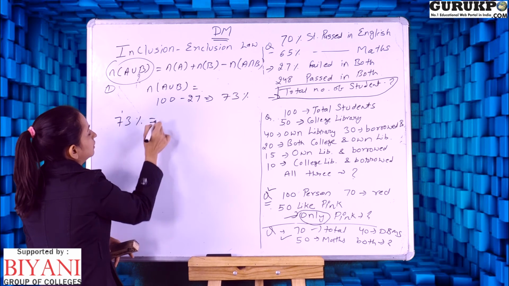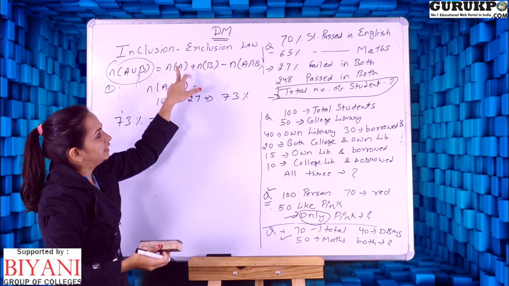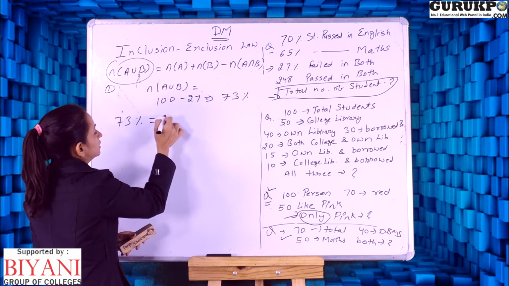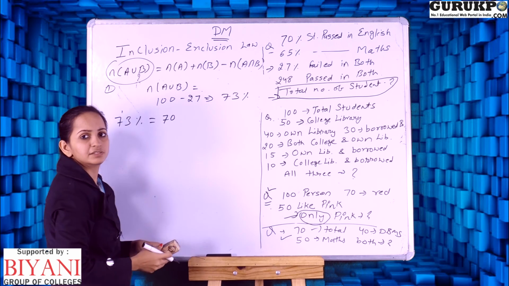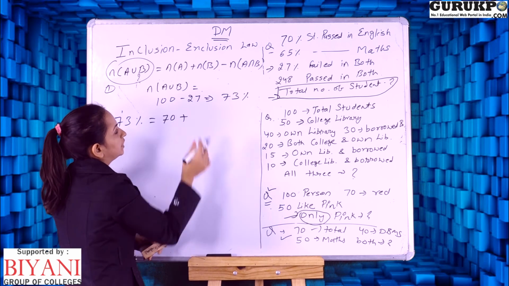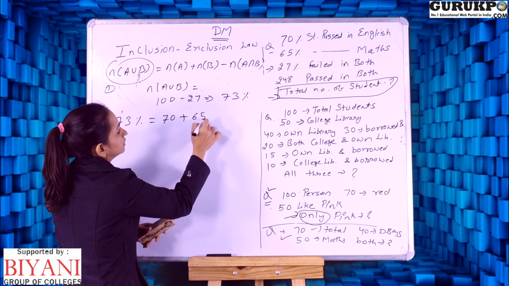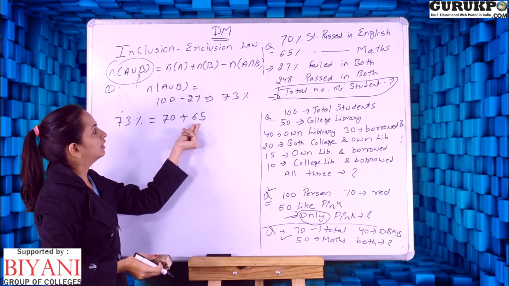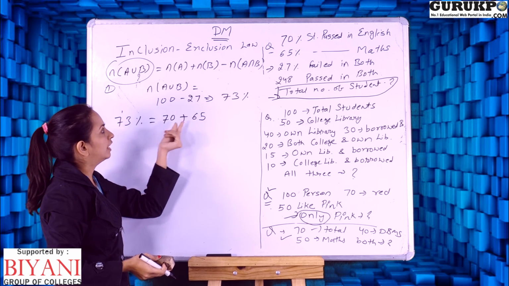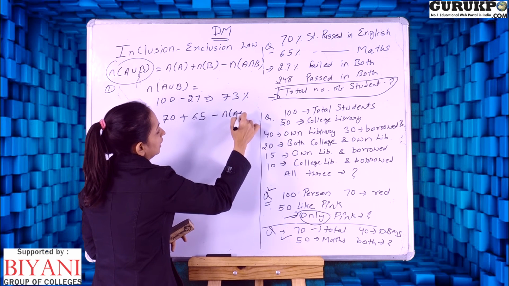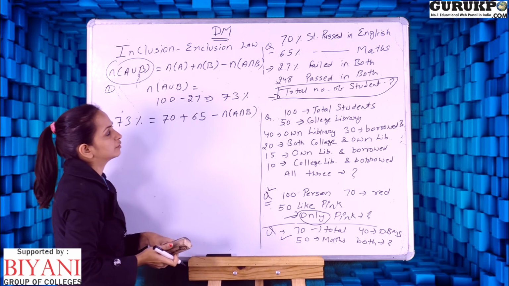Firstly I get this, and now n of A is the set of students who passed in the English subject. So there are 70% students who passed in English, plus n of B is the set who passed in Maths, so there are 65% students who passed in Maths. So n of A plus n of B minus n of A intersection B. Look, I don't know how many students passed in both subjects.